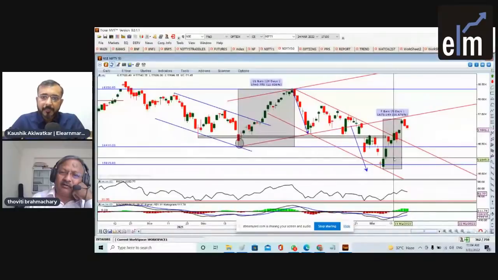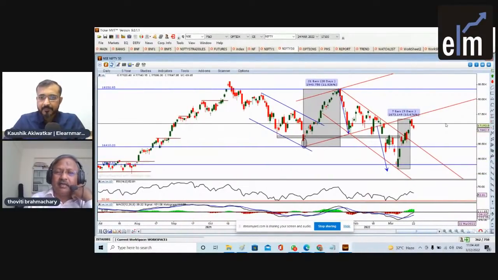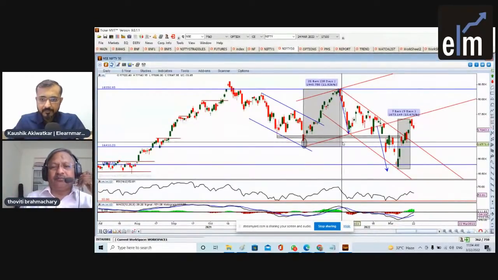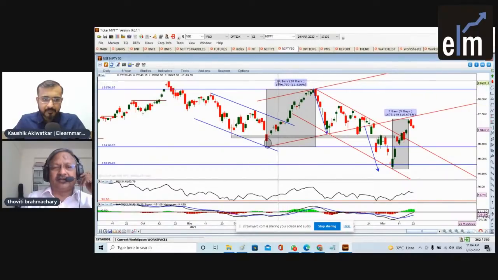Now we'll come back to the daily chart. Actually, any price moves in channels basically. If you look at this impulsive move between December and January, it rose by 11.82% within 21 trading sessions.